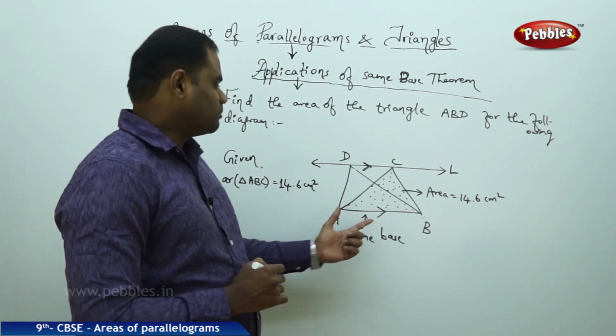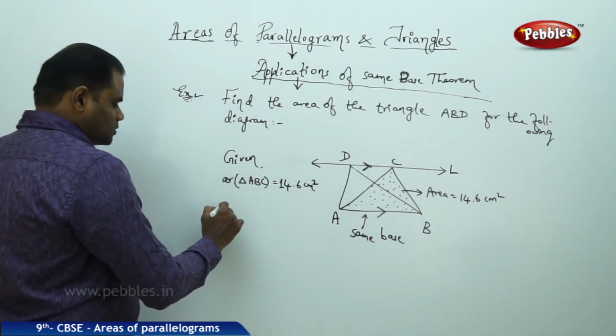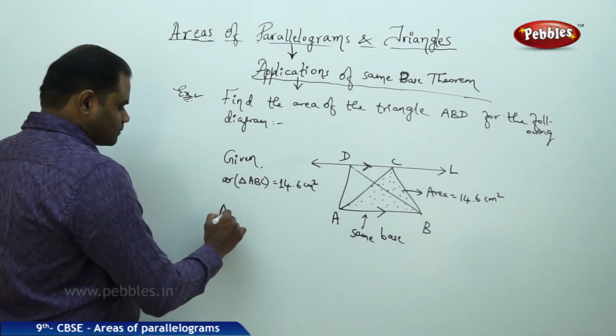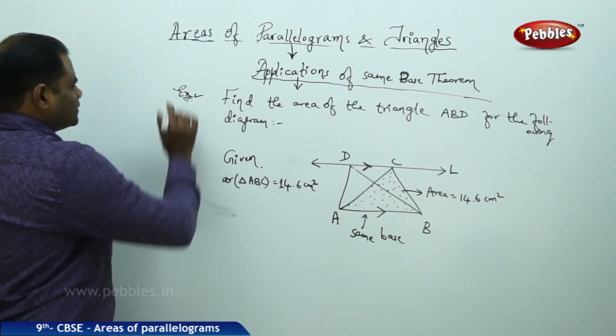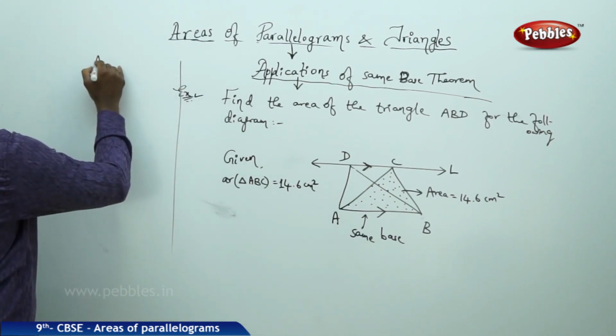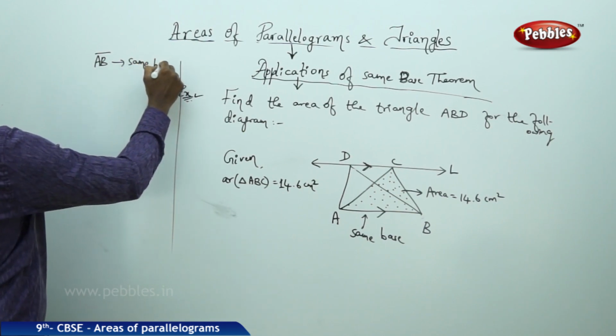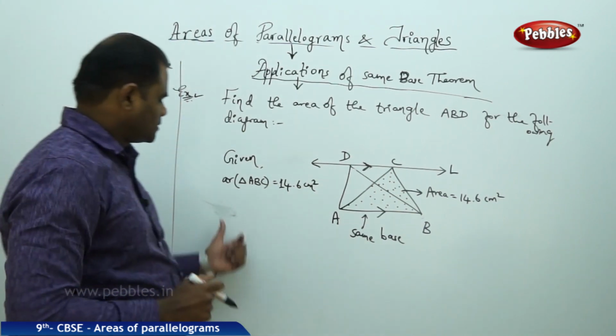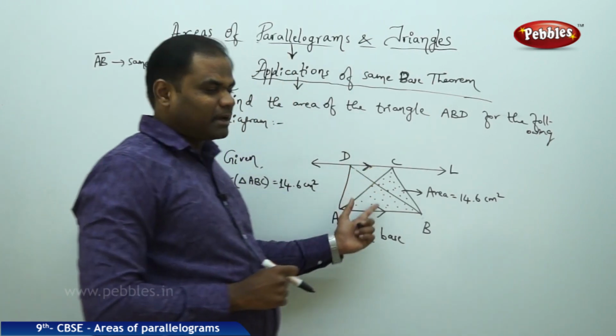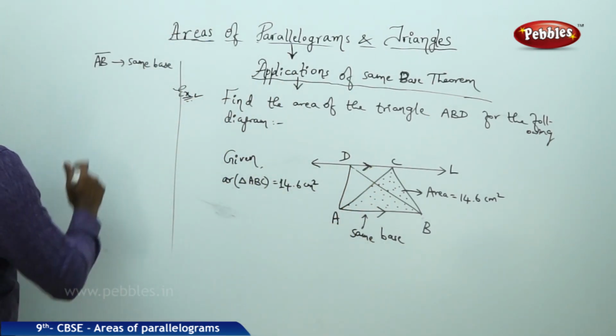And also they are between the same parallels. So identify here that AB is the same base, and the two triangles are between the same parallels L and AB.